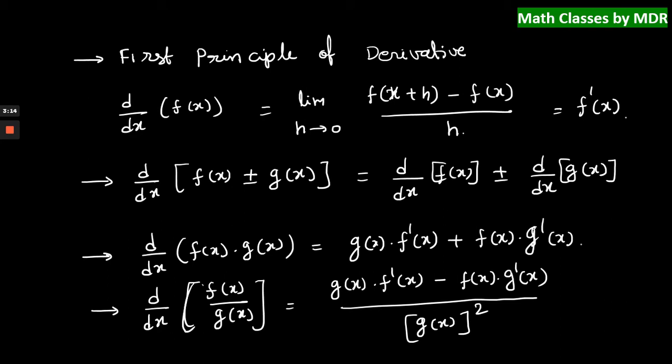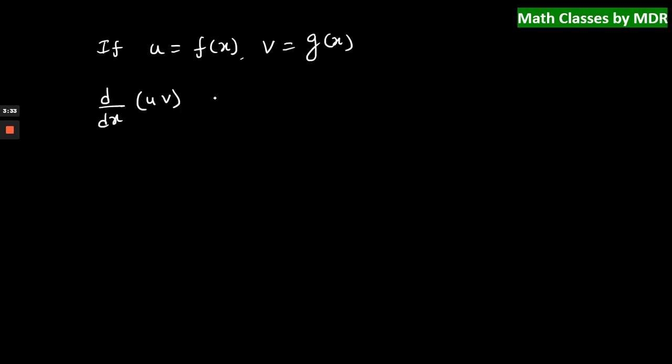Generally the students know this product and quotient rule in terms of u and v. If there are two functions u and v which are functions of x, then d by dx of uv can be written as u dash v plus v dash u.